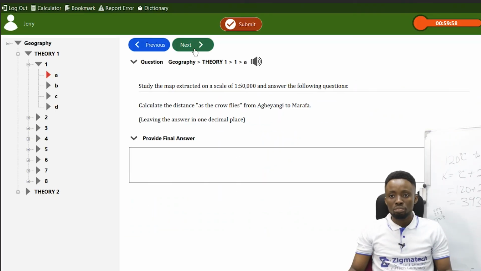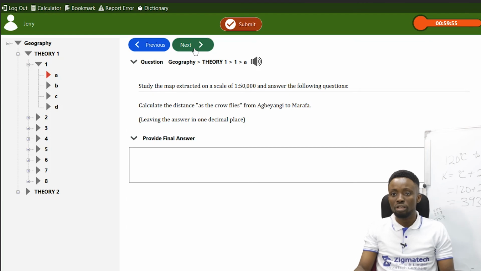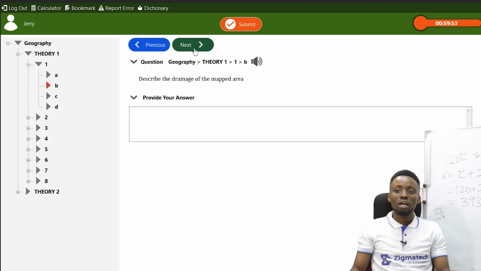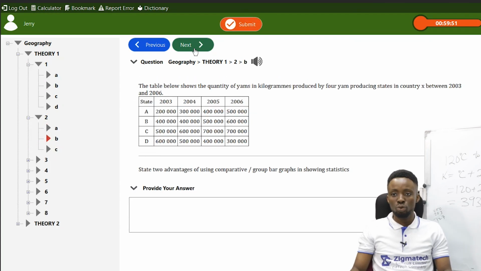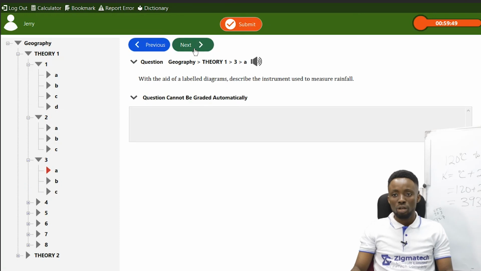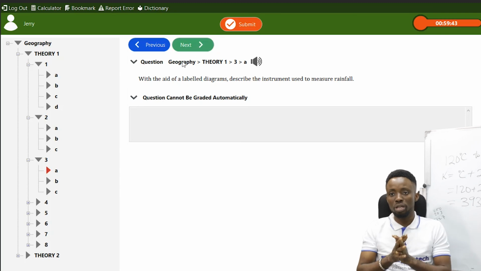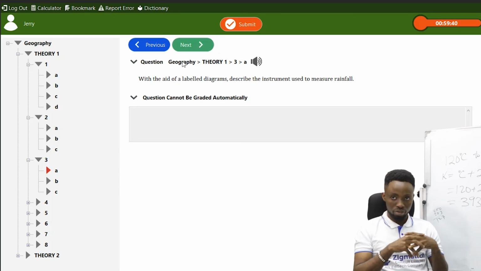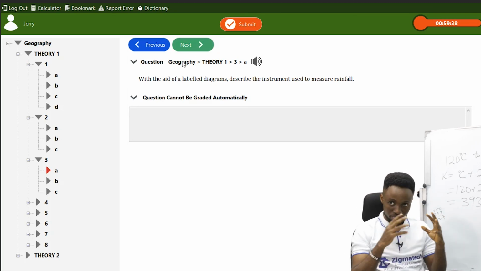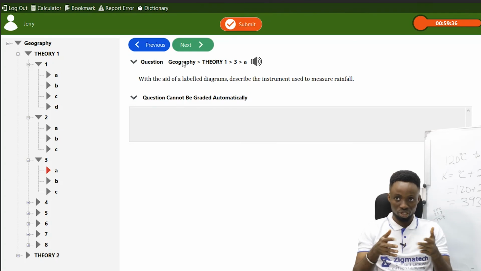Now this is 2010 Geography Theory 1. And then we look for question number 3. Now, question number 3 says, with the aid of a labelled diagram, describe the instrument used for measuring rainfall.